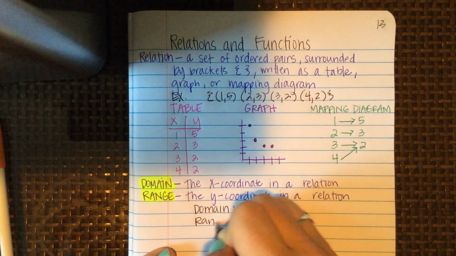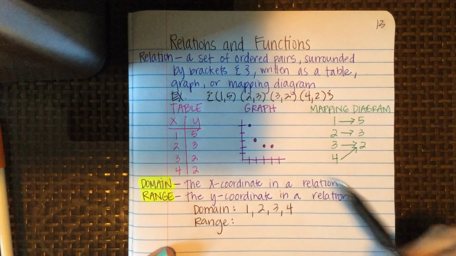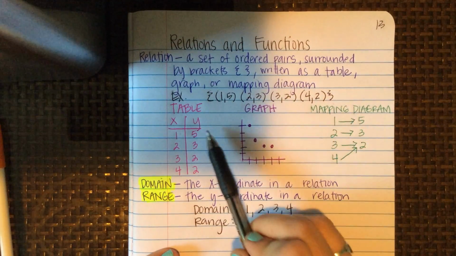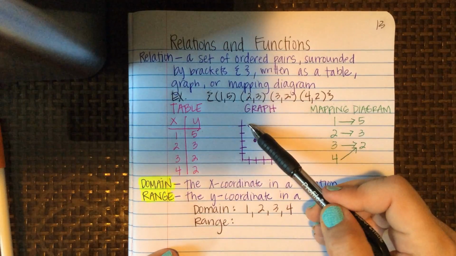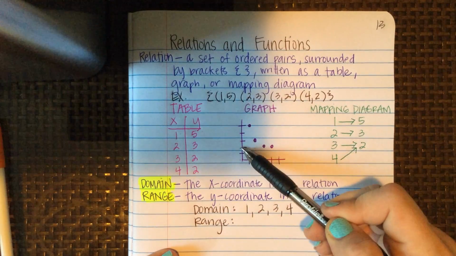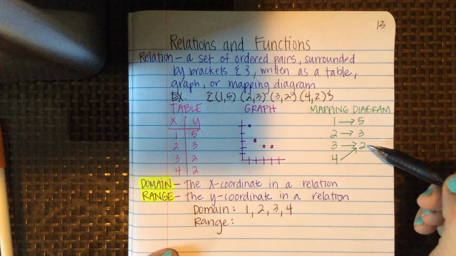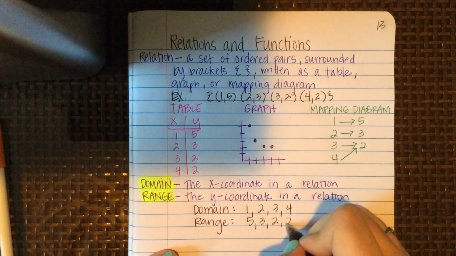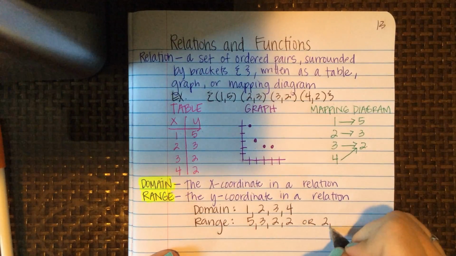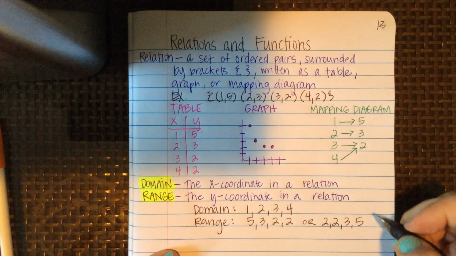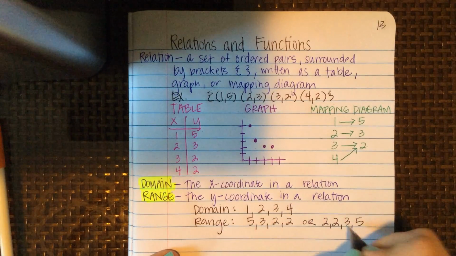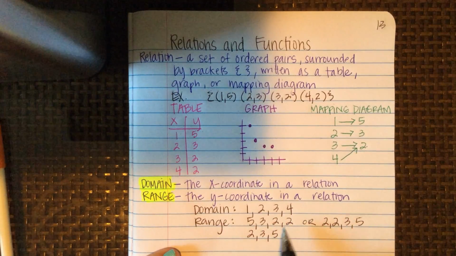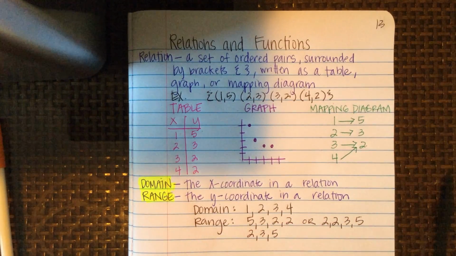The range of this data set, which is the y-coordinate, is 5, 3, 2, 2. You can write it out of order, or you can write it in order, or you could take it and say that 2 repeats, so you only list it once. All 3 of those are acceptable answers for range.